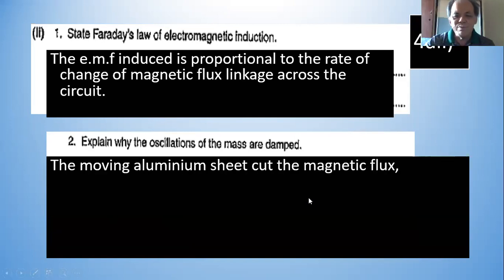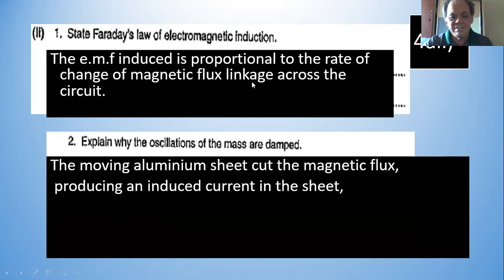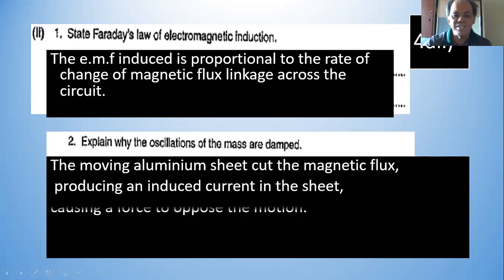The moving aluminum sheet, what happened? It cut the magnetic flux, producing an induced current in the sheet. It's moving across the magnetic field. They cut the magnetic field, so you have a changing magnetic flux. So they produce the induced current or EMF in the sheet. Where the induced current flows, it will produce a force opposing the motion.